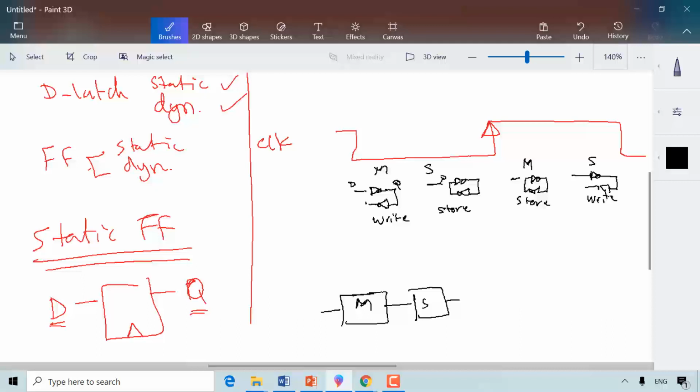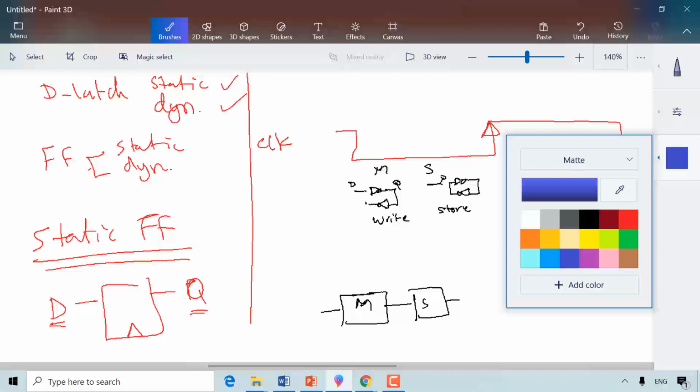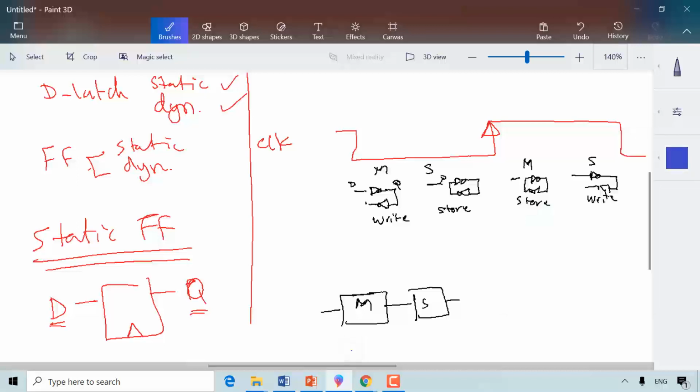So watch here, the combination, when the master is a write and the slave is a write, watch, when these two are in write, because here the master is in write and the slave is in store. And here the master is in store and the slave is in write.